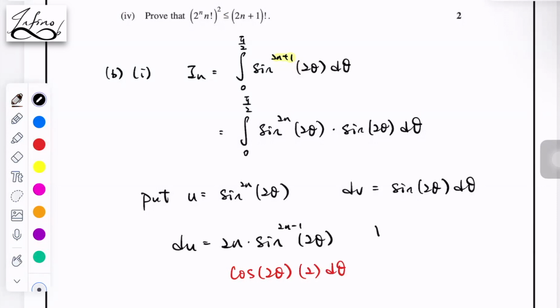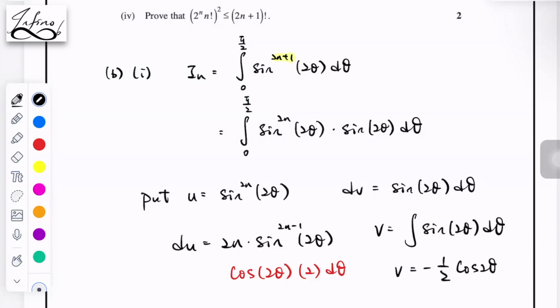And then this is the v. V is the integration of sine 2 theta d theta. And you still remember, when you integrate sine it is negative cosine, right? So that means it's negative 1 over 2 cosine 2 theta.